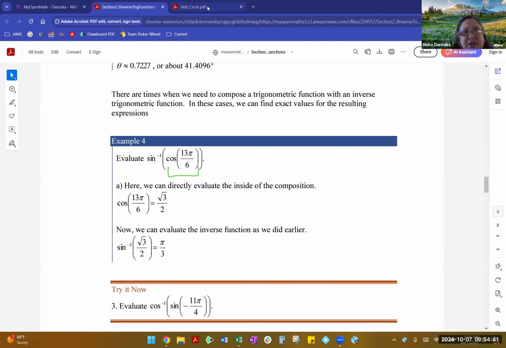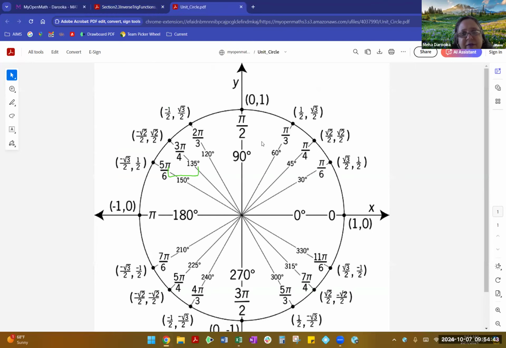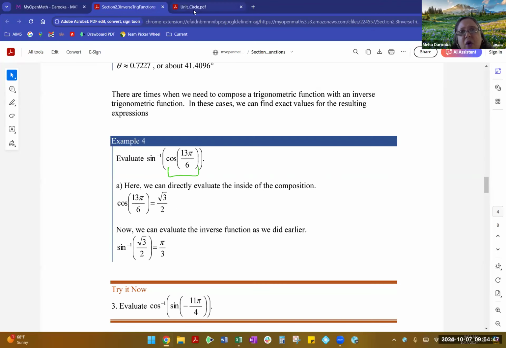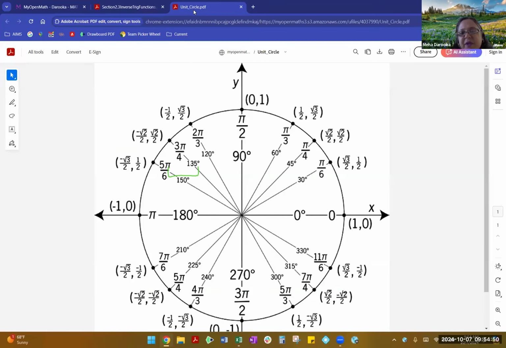And again, I do have the unit circle up here, so you can figure out, okay, if I'm talking about 13 pi over 6, where is that going to be? And remember, we had talked about you can use the idea of coterminal angles. So your 13 pi over 6 actually coincides with where pi over 6 is. So you can see that's where we're getting the square root of 3 over 2 value.